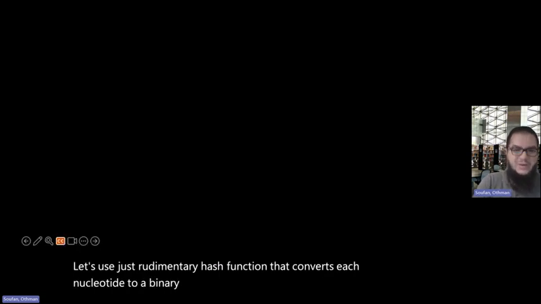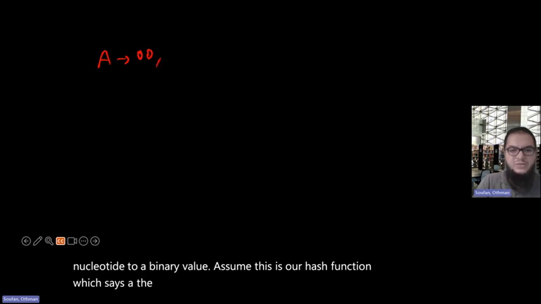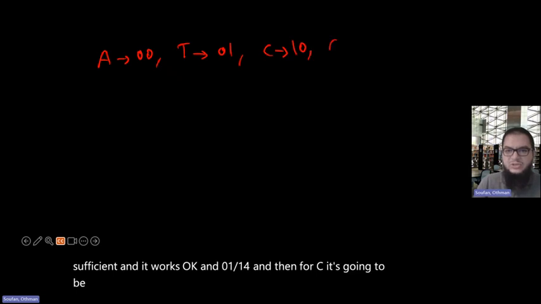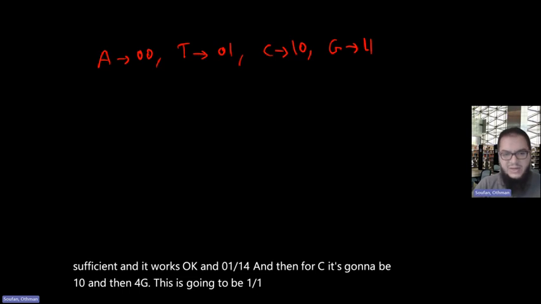Let's use just a rudimentary hash function that converts each nucleotide to a binary value. Assume this is our hash function, which says the binary value of A is 0, 0. Just assume this is sufficient, and it works. And 0, 1 for T, and then for C it's going to be 1, 0, and then for G this is going to be 1, 1. So this is our hashing function.